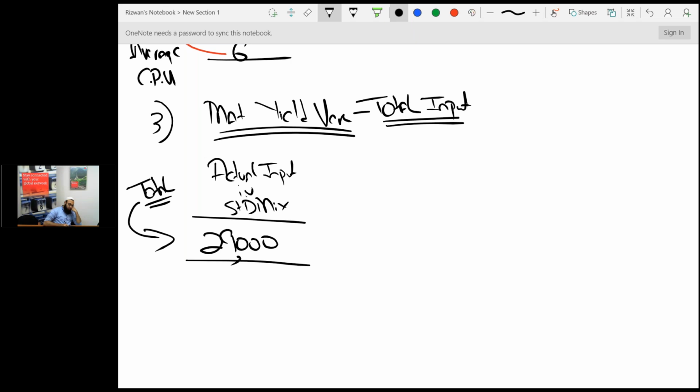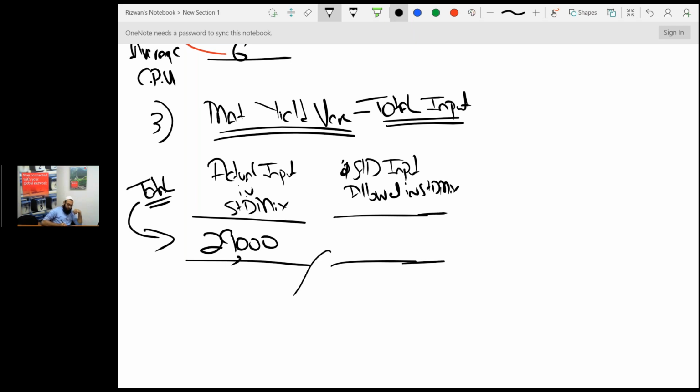Now the second was, if you remember, standard input allowed in standard mix. So how will we calculate this? It's quite simple. As we were calculating for each and every individual material, now we'll be calculating for all the 3 in a combined way.